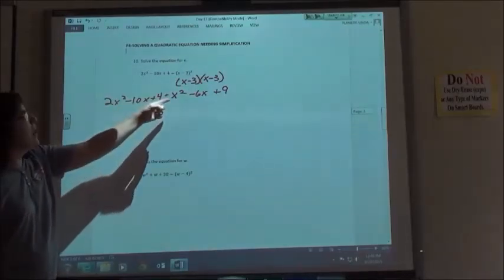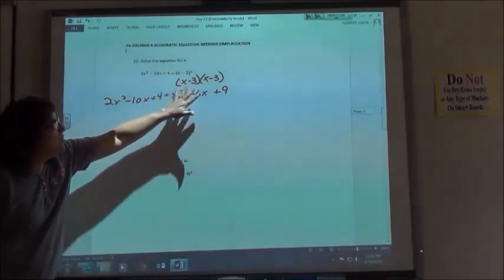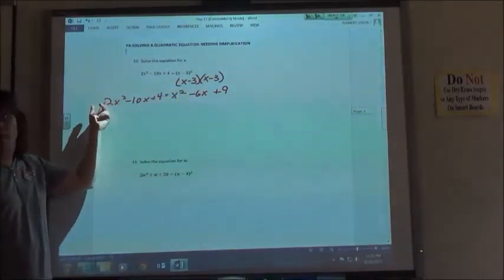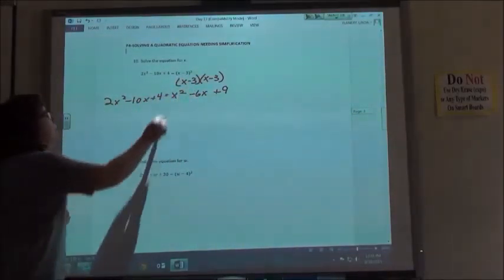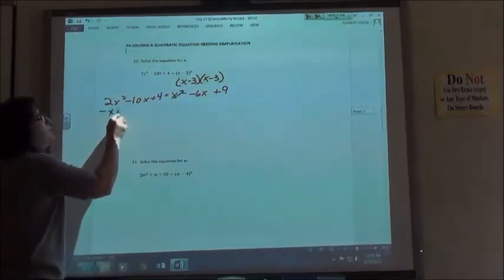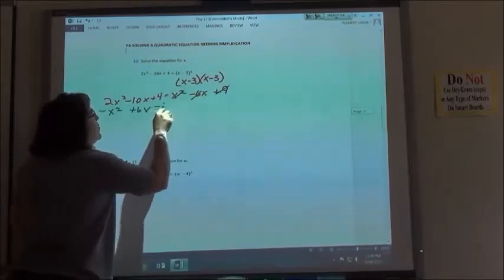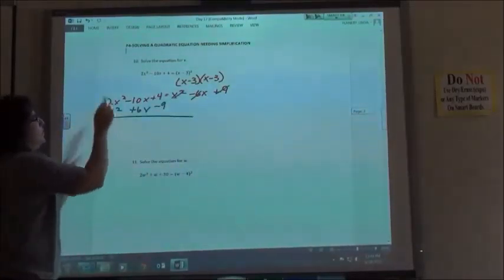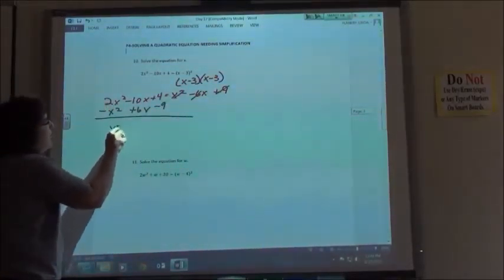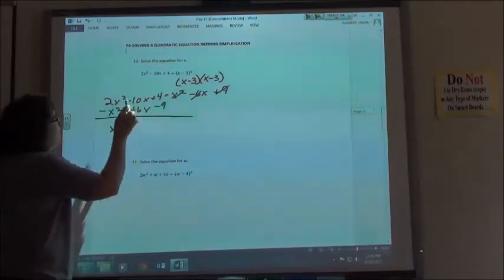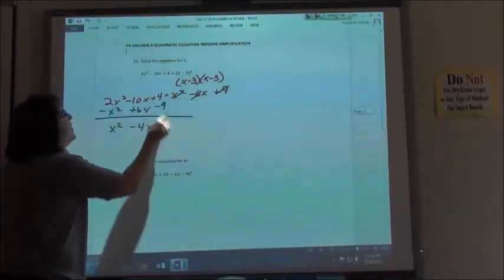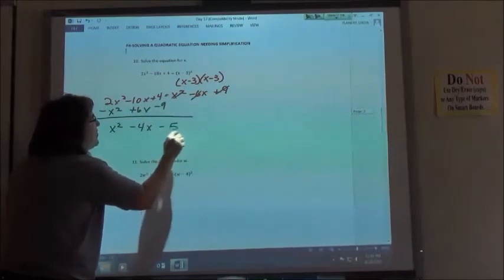So what they're going to do now is set it equal to 0. So I'm going to move everything over to this side because I want my x squared to stay positive. So I'm going to subtract my x squared, add my 6x, and subtract my 9. So 2x squared minus x squared would be x squared. Negative 10 plus 6 is negative 4x. 4 minus 9 is minus 5.